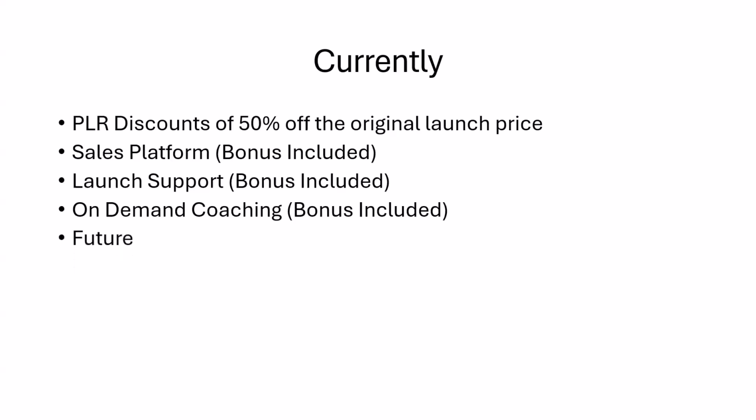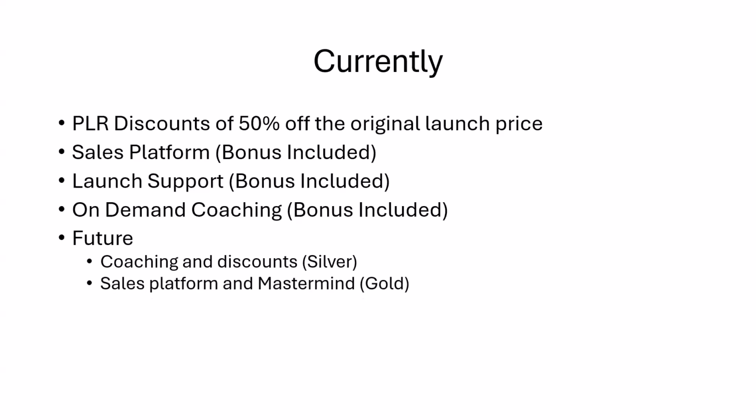Now, in the future, I do want to tell you how the pricing is going to work. Currently, coaching and discounts are priced the same. That's going to be the silver level, at $27. The sales platform and mastermind is going to be the gold level, now $37 instead of $27.